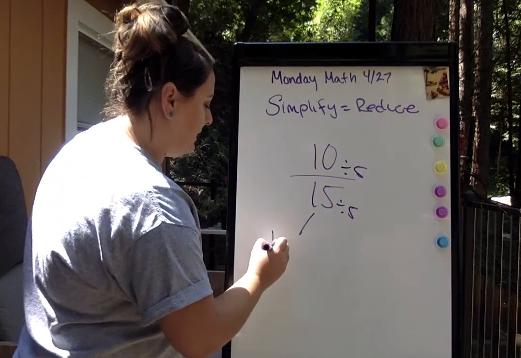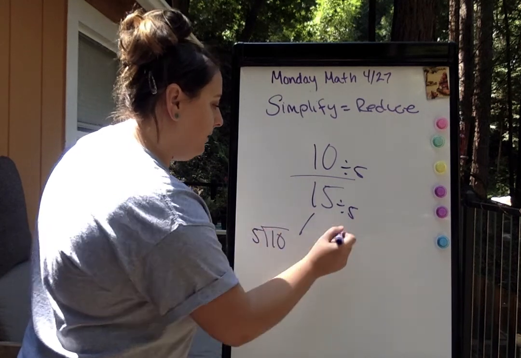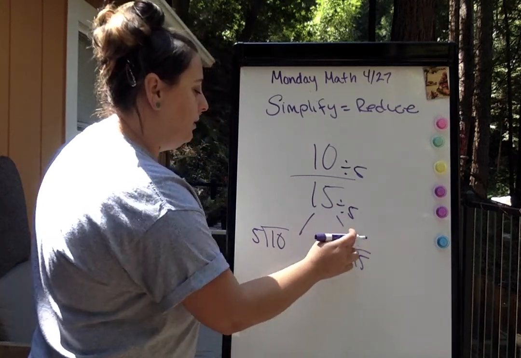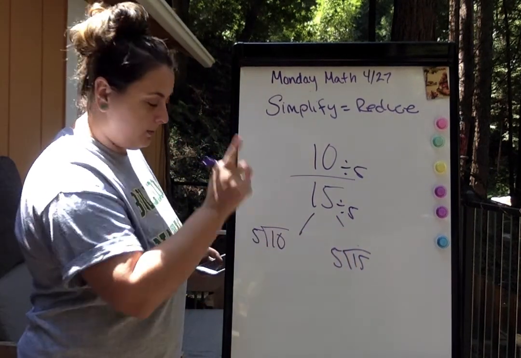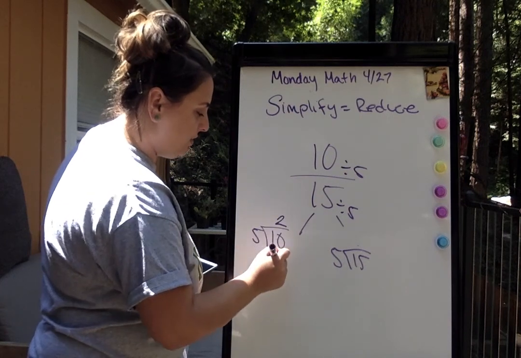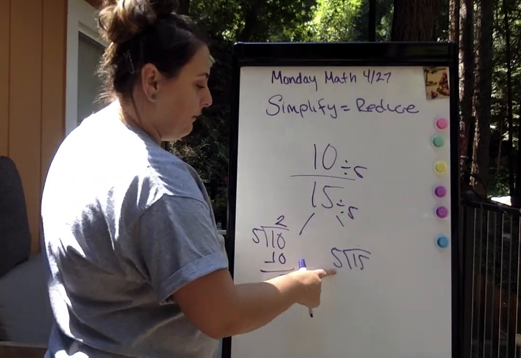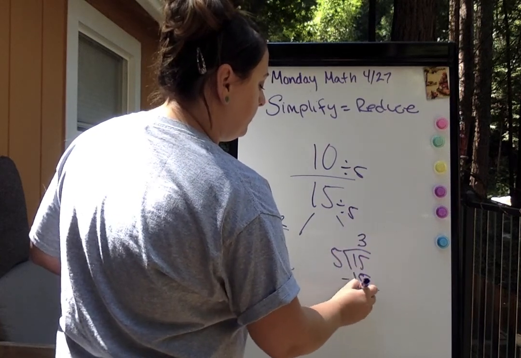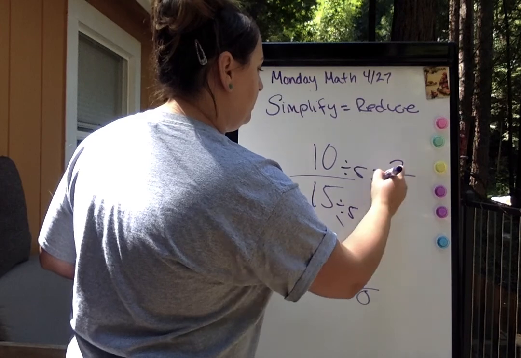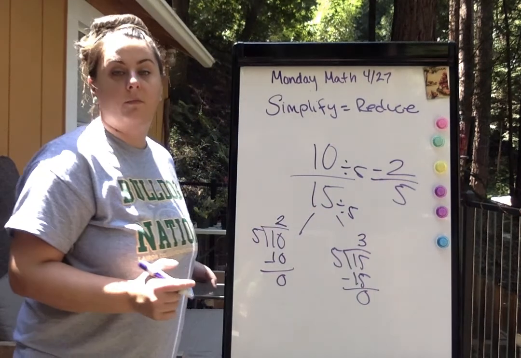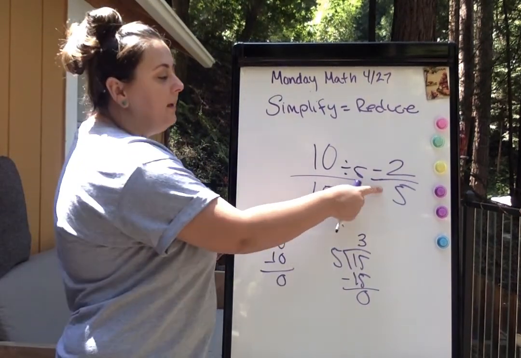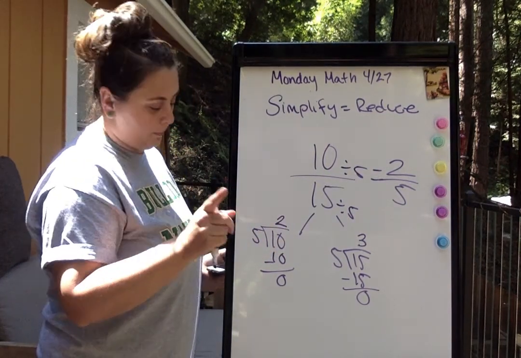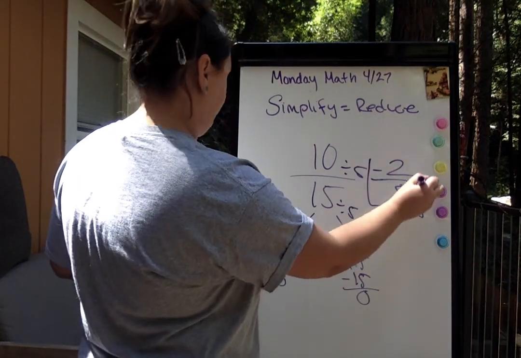So it actually looks like 10 divided by 5 and 15 divided by 5. 5 goes into 10 2 times. 5 times 2 is 10. 5 goes into 15 3 times. So you're left with 2/5. Look at it again. Is there anything else that we can put into both of these numbers to make them smaller? No. So this is your final answer, 2/5.